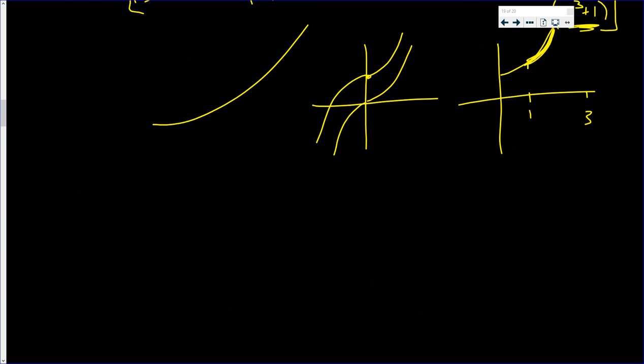So when it comes to picking the lower one, between 1 and that value, it's always going to be the left endpoint. Between those two x values, it's going to be the left endpoint. And when it comes to the last one, it's also going to be the lower one.